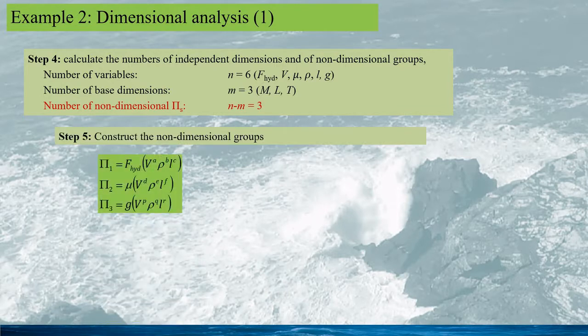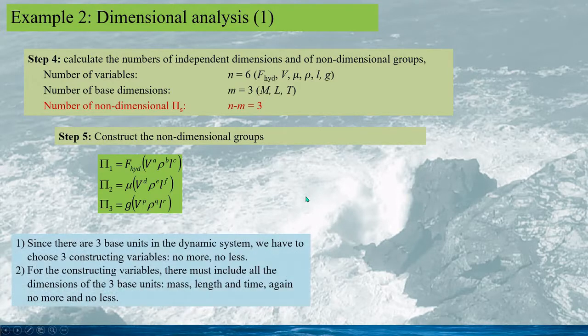In step 5, the 3 non-dimensional parameters are constructed in a similar way as we mentioned before. Because we have 3 base units in the dynamic system, we have to choose 3 constructing variables, no more, no less.